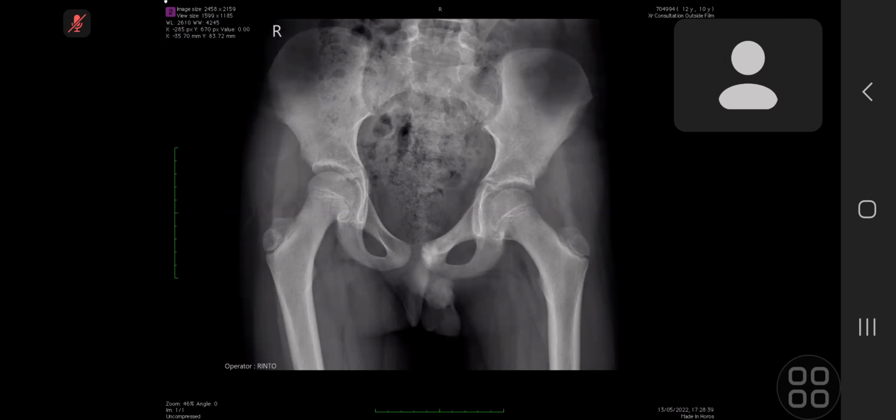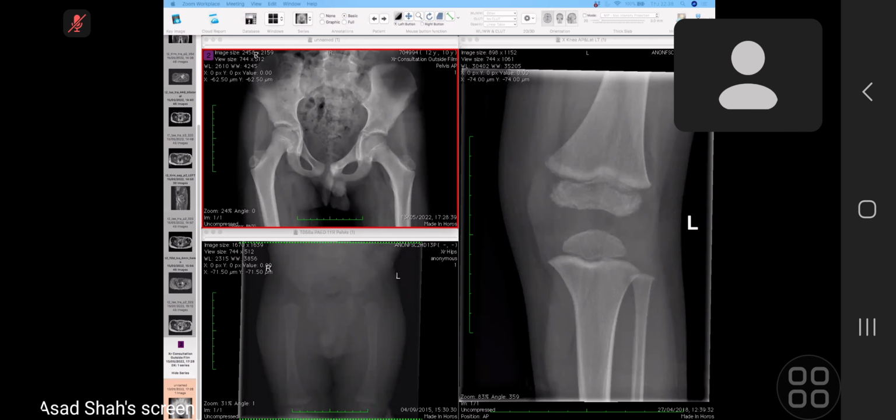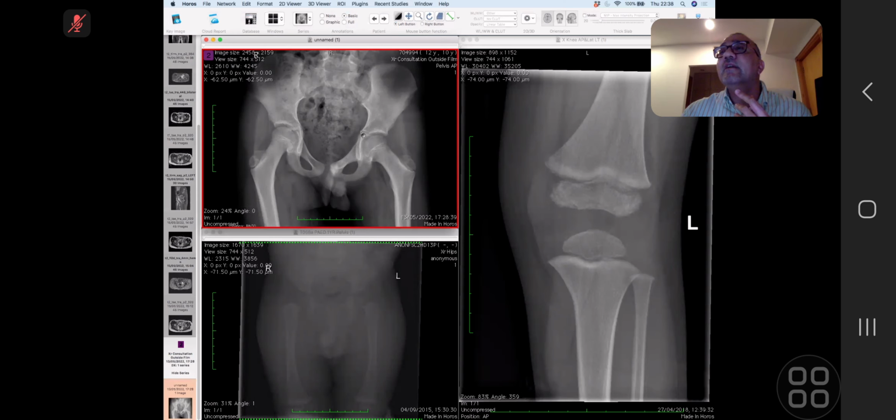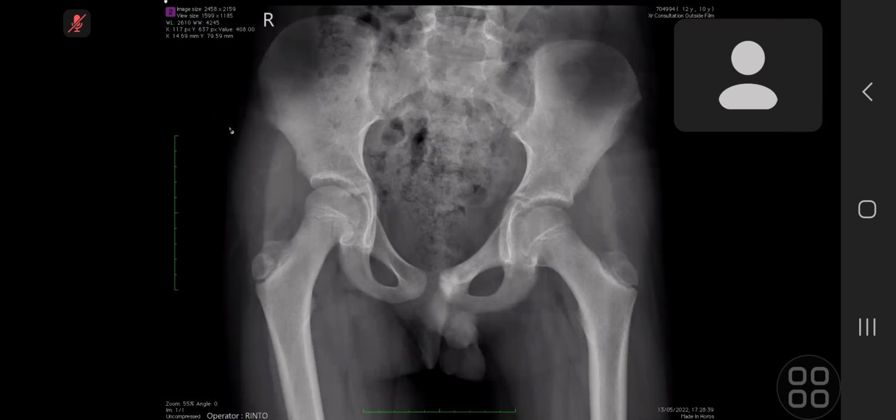Right. Okay. There we go. All right. So I'm looking at the ilium bone. Both ilium bones look unremarkable. Coming down to the pubic bone, the pubic bone looks unremarkable.